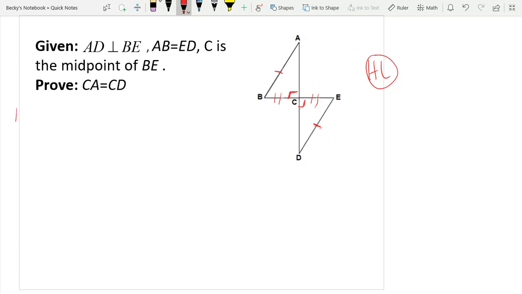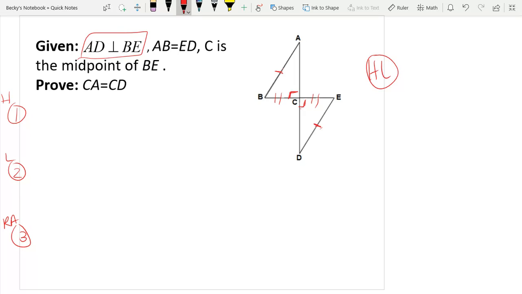Again, there's going to be 3 steps. Now, here's where some people get confused because they're like, HL, what's the 3rd step? Well, you have to prove the right angle as well. And they don't have to be in this order, as you guys know, whatever order you want to go in. This right here is going to provide us with an angle.